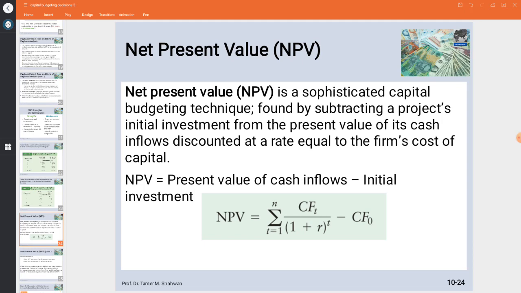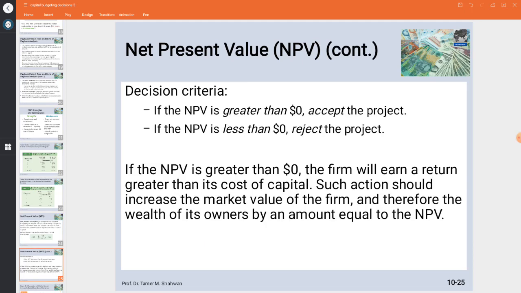After we determine the NPV in this way, we compare it according to a specific decision criteria. If the NPV is greater than 0, we are going to accept the project. If the NPV is less than 0, we are going to reject the project.